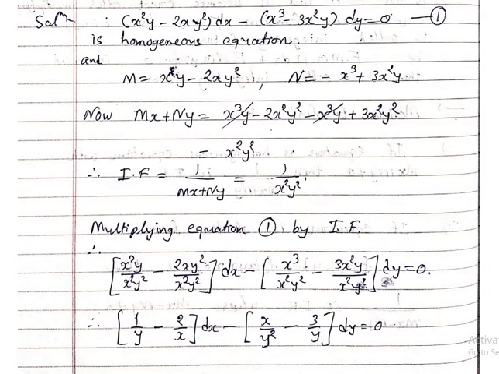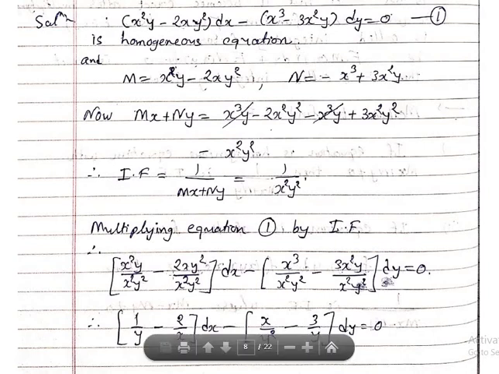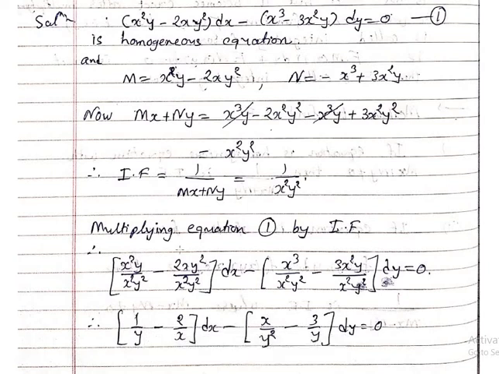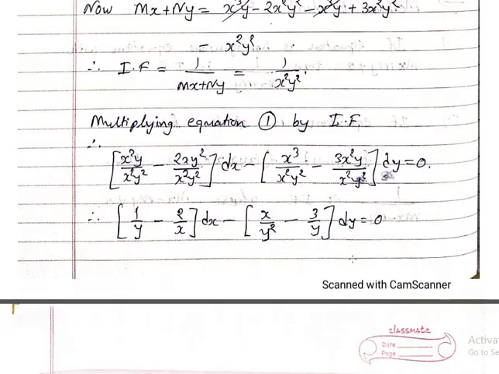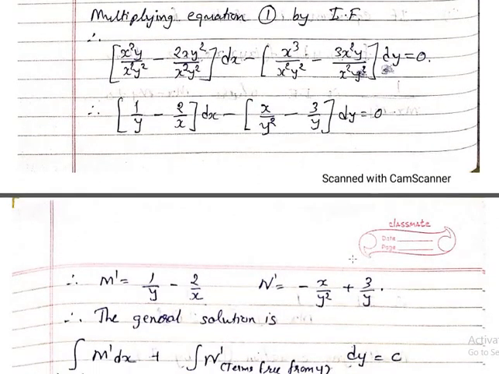So x square y upon x square y square minus 2xy square divided by x square y square into dx, minus x cube upon x square y square minus 3x square y upon x square y square dy is equal to 0. Correct? So simplifying this, that will give (1 upon y minus 2 upon x) dx minus (x upon y square minus 3 upon y) dy is equal to 0.